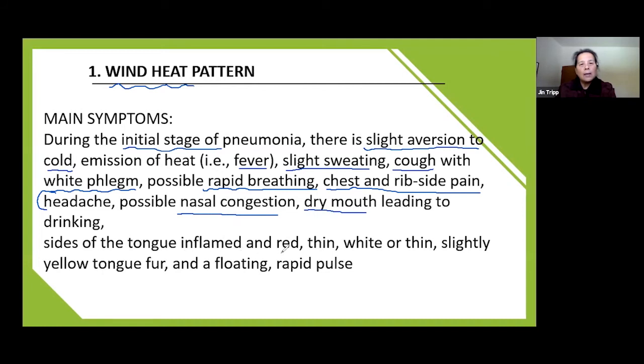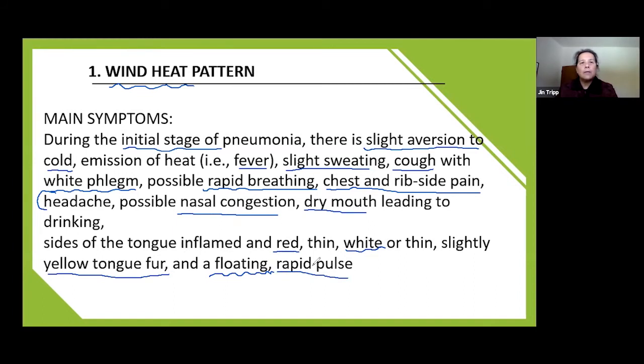The tongue is red. Generally from the beginning there is a white coating, and then it slightly changes to a yellow coating. The pulse is floating, superficial, and rapid.